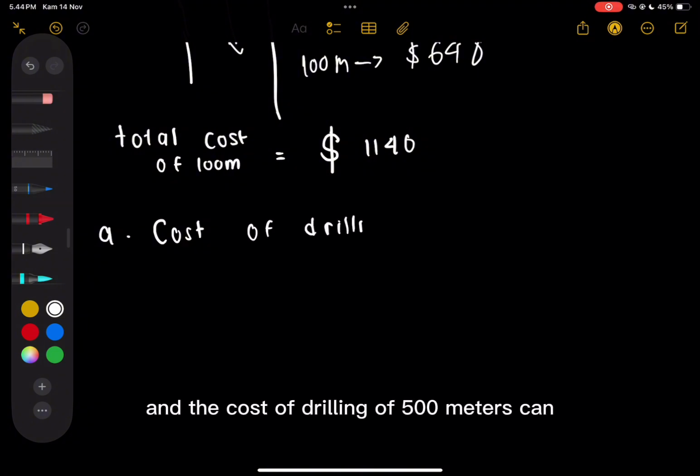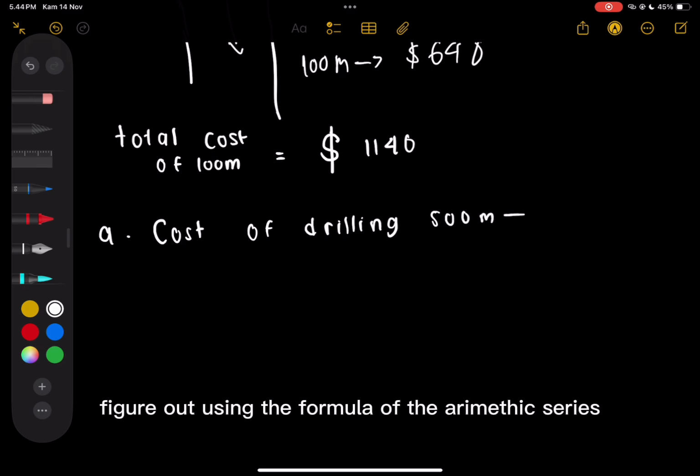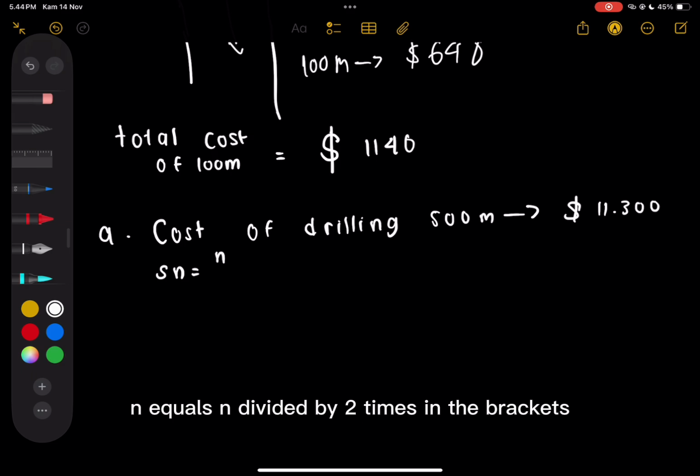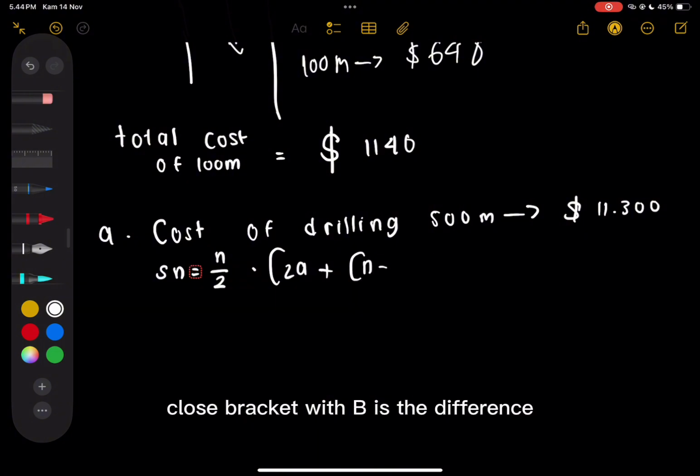And the cost of drilling 500 meters we can figure out using the formula of the arithmetic series, which is Sn equals n divided by 2 times, in the brackets, 2a plus, in the brackets, n minus 1, close the bracket, with d the difference, and close the bracket.